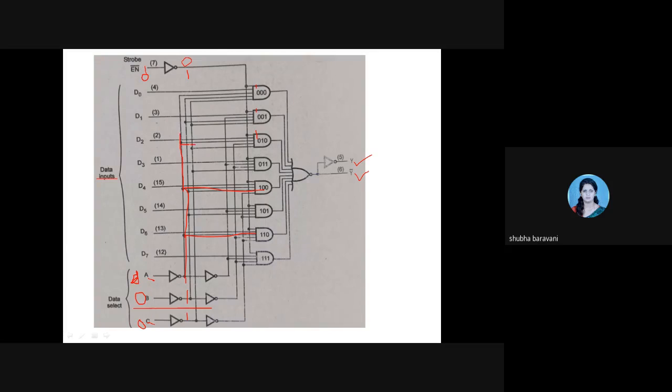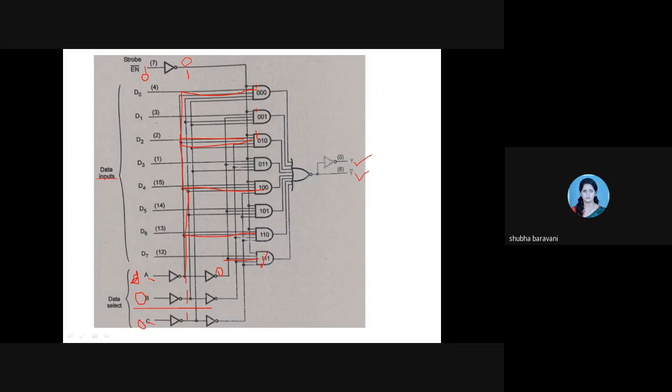This 1 is going to this. And 1 is going to this. However, where A is equal to 1, it means inverted you get 0 here. That 0 is coming to this.